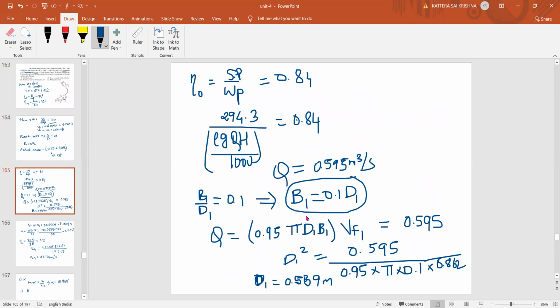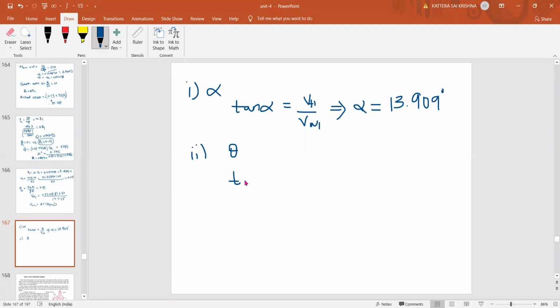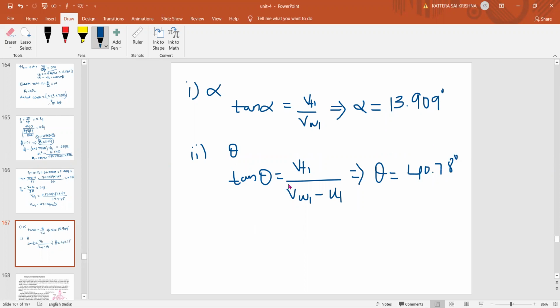So tan theta equal to VF1 by VW1 minus U1. From this you find theta equal to tan inverse of this value, 40.784. Right, so theta we found out.